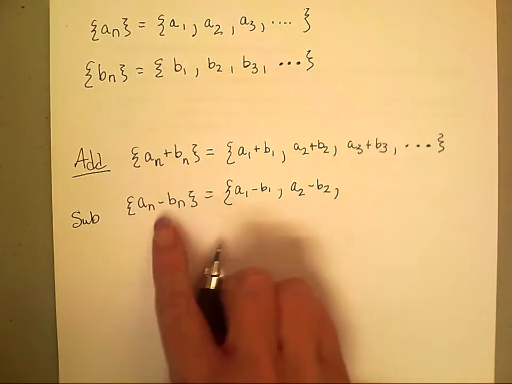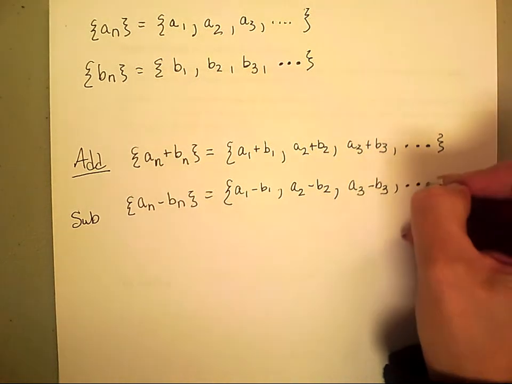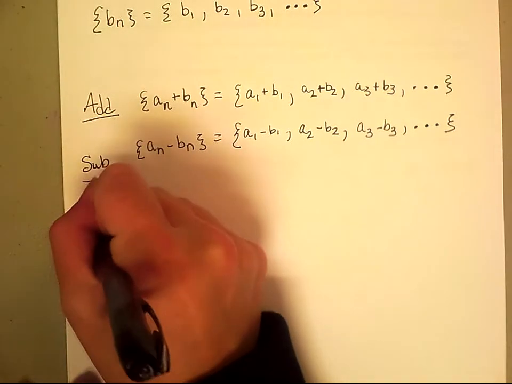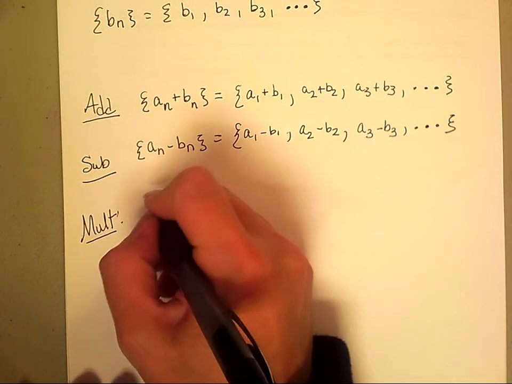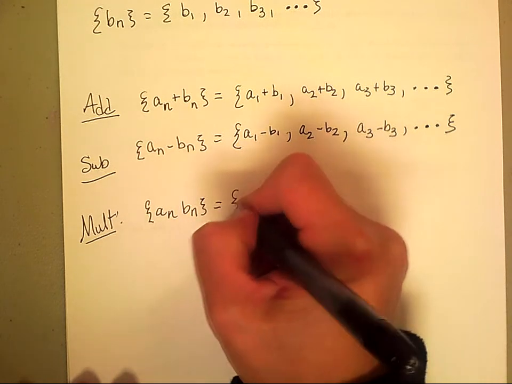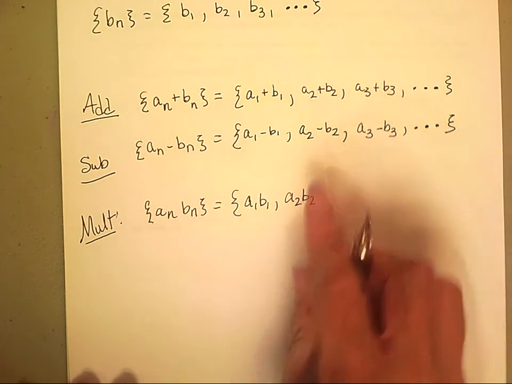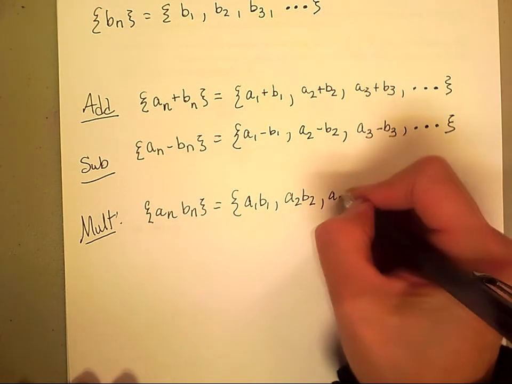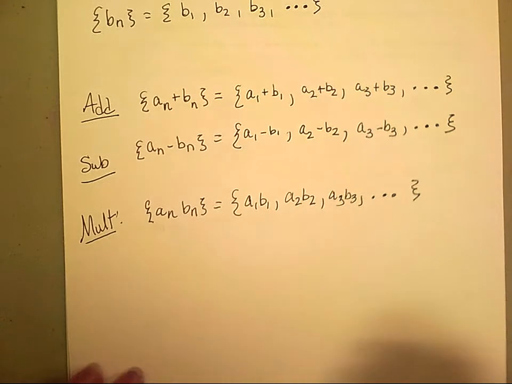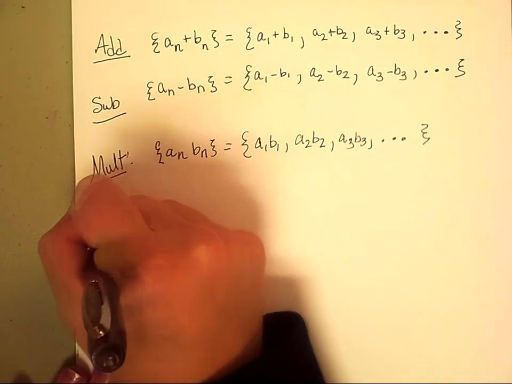Then a2 minus b2, the second term, a3 minus b3, etc. We could multiply them, a sub n times b sub n, and we still just do this term by term: a1 b1, a2 b2, a3 b3, etc. We can divide them.